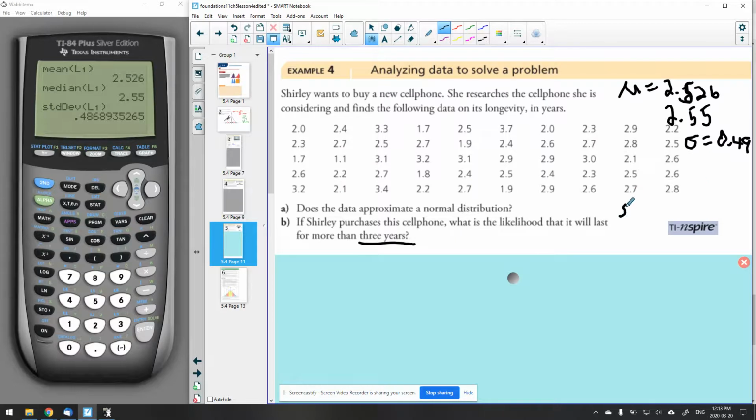So 50 plus 34 is 84. Now this tells us 84% of those phones are going to die in less than 3 years. So that means there's a 16% chance, right, 100 minus 84, a 16% chance that that cell phone is going to last for more than 3 years.